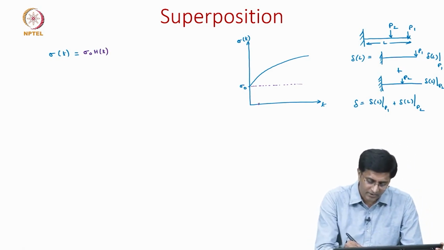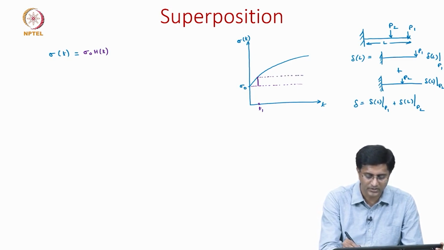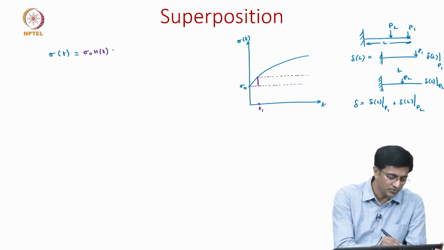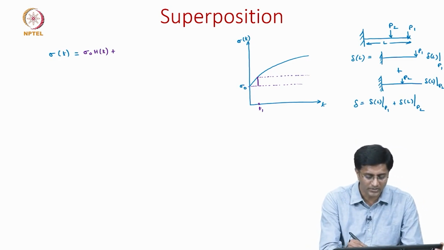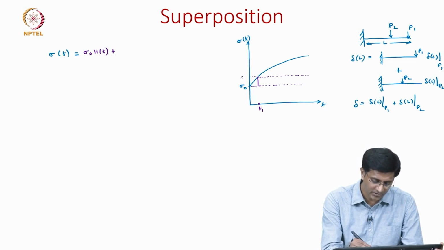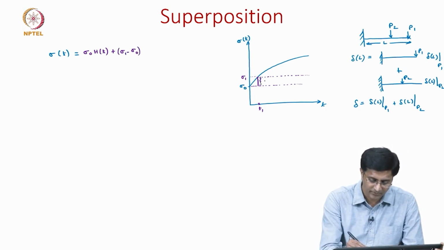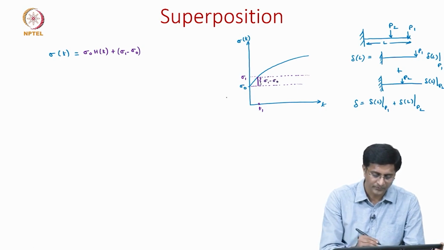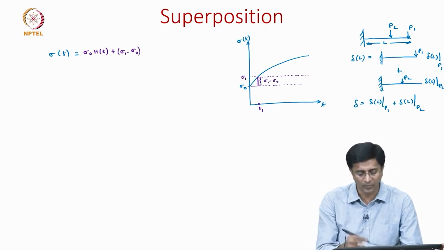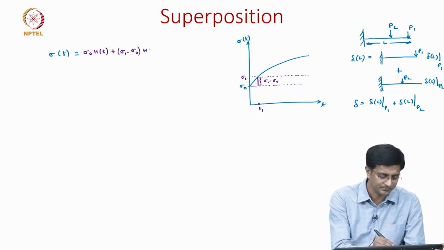Then let us say at a time t equal to t1 we will consider another step function. What is the amplitude of this step? We have already considered sigma naught, so from sigma naught it is going to the stress level sigma 1, which is sigma 1 minus sigma naught, and then the Heaviside function applied at time t1, h of t minus t1.